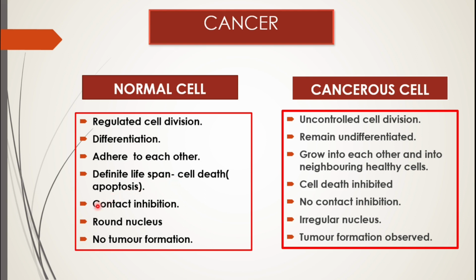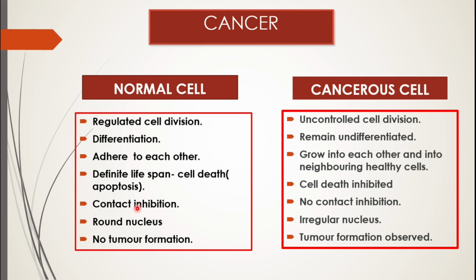Another very important feature of a normal cell is contact inhibition. Now, what is contact inhibition? I told you that when a cell grows and it comes in contact with a neighboring cell, it immediately stops growing. That process is known as contact inhibition.